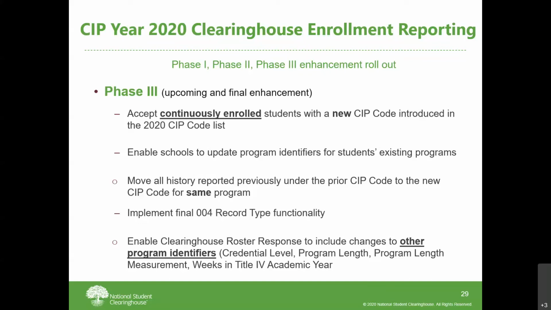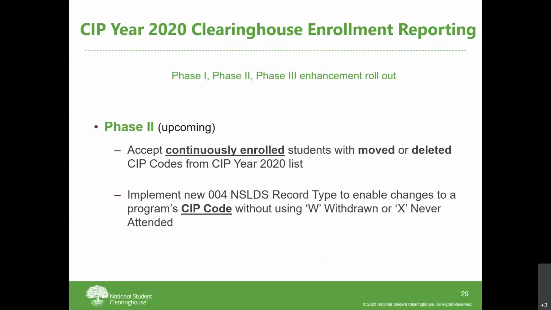For the initial rollout of phase 2, let's go back to that slide. In the event the student is not enrolled in the program and they were maybe misreported in that program and you want to report a never attended, then the functionality will be there for that in our phase 2 related to the 004 record type.